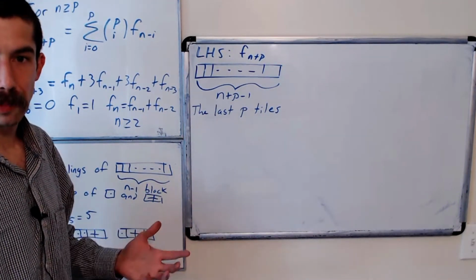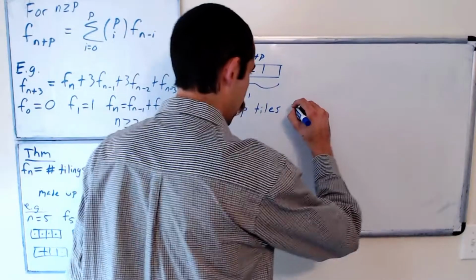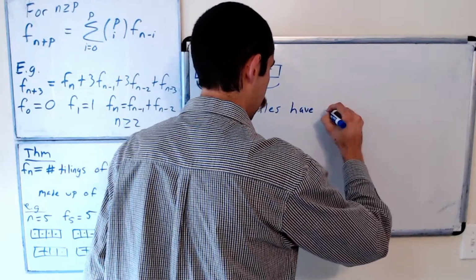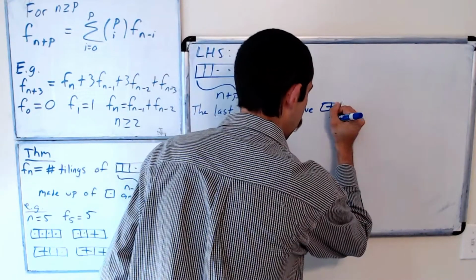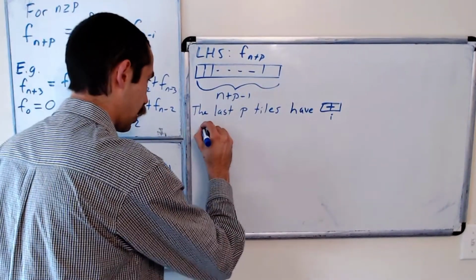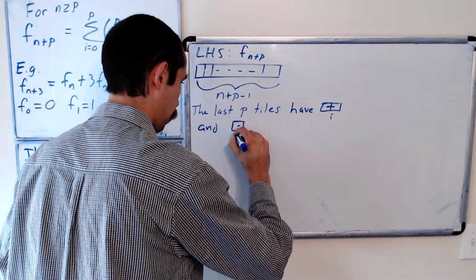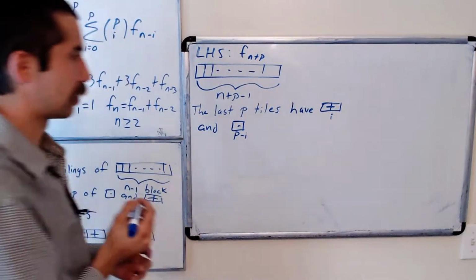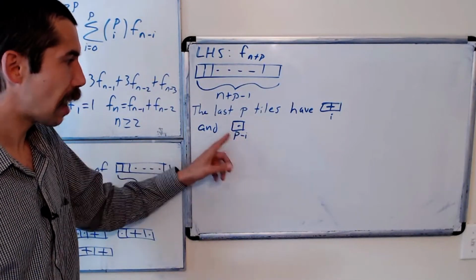Let's say we have some number of dominoes, let's say i dominoes, and p minus i monominos.